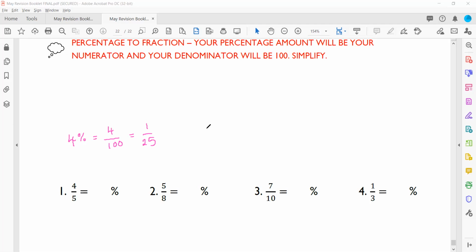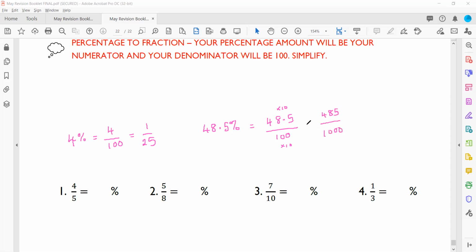Now, if you had something like 48.5%, you could do 48.5 over 100. Now, we don't have decimals as numerators, so you would need to multiply this out by 10 to make it 485, and you would need to multiply this out by 10 to make it 1000.